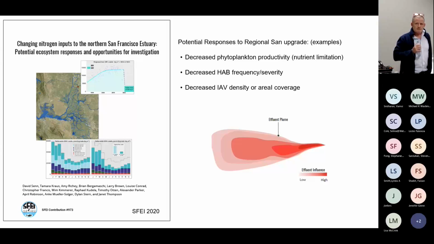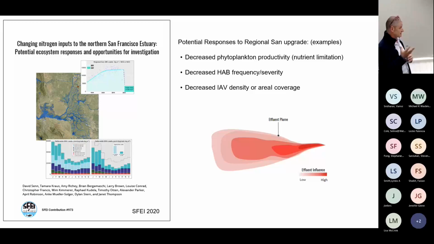But one of the key things is, if you want to be able to know whether all these things are things you could imagine, or everyone could come up with when you're thinking about reducing nutrient loads, a really key thing is, in order for that to actually be realized, that issue that you're trying to explore needs to be inside the area that's influenced by the effluent plume.